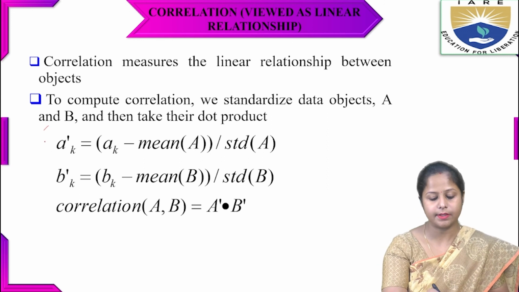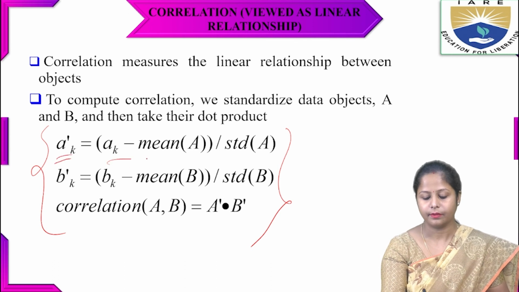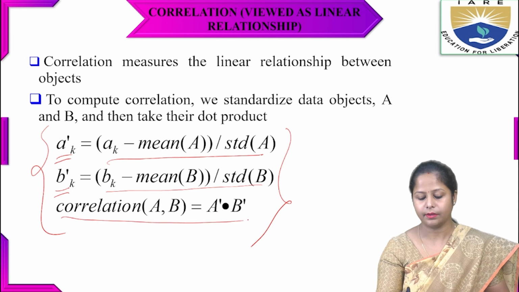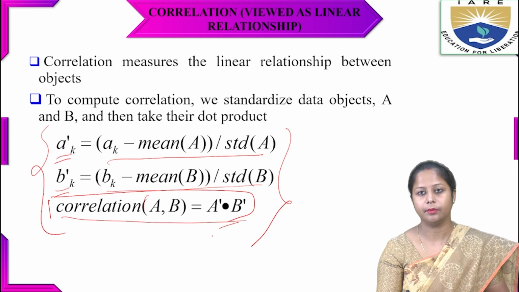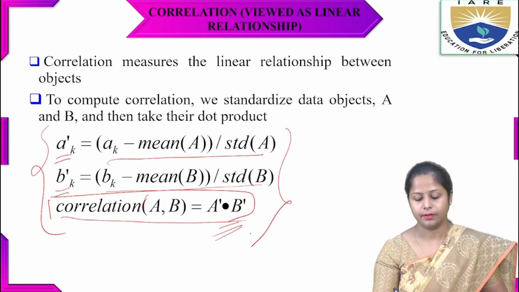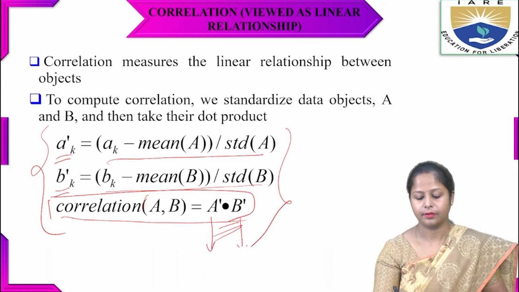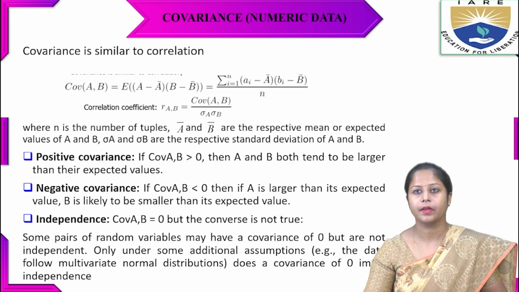This is the formula we use to calculate the correlation. The correlation of A and B is nothing but the dot product of both standardized data objects, which are the data objects for the linear relationship.